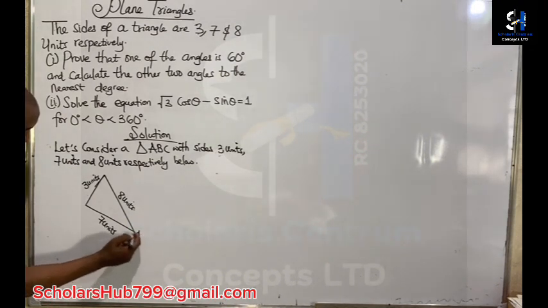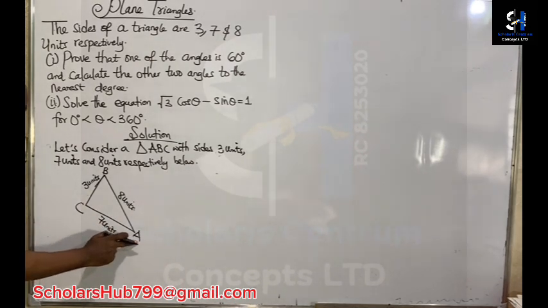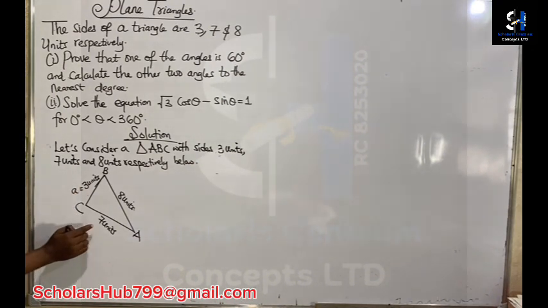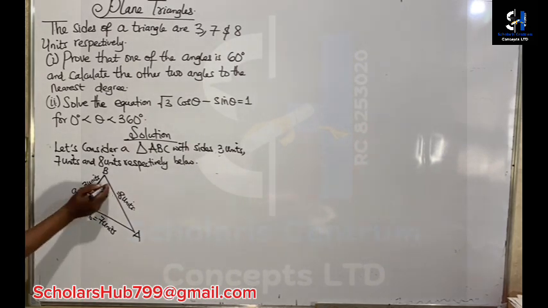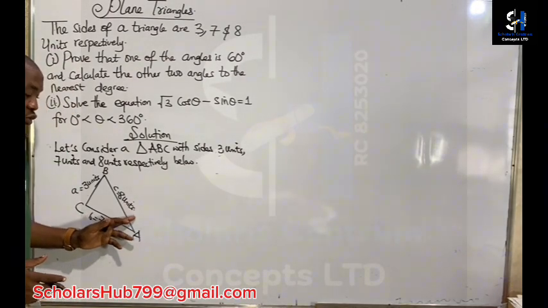So this will be A, this will be B, and this will be C. The side opposite angle A, represented with lowercase a, equals 3 units. The side opposite angle B, represented with lowercase b, equals 7 units. And the side opposite angle C, represented with lowercase c, equals 8 units.